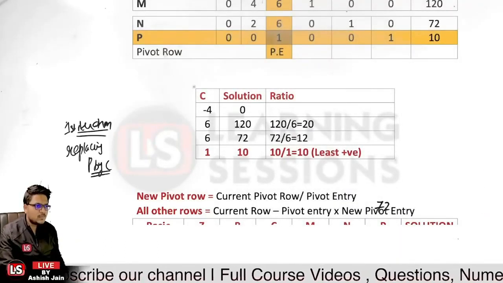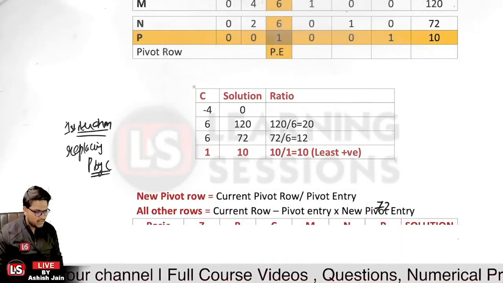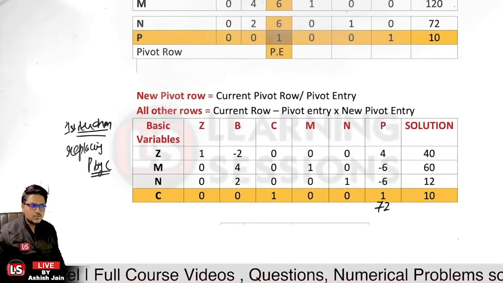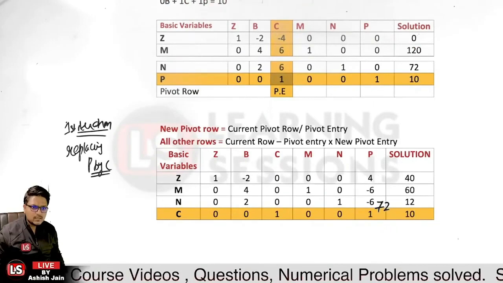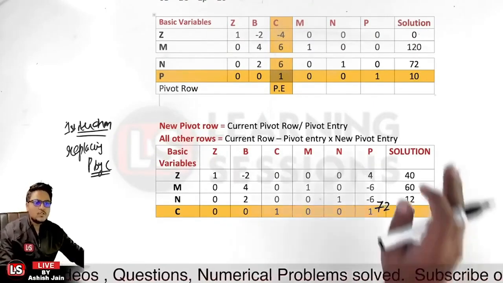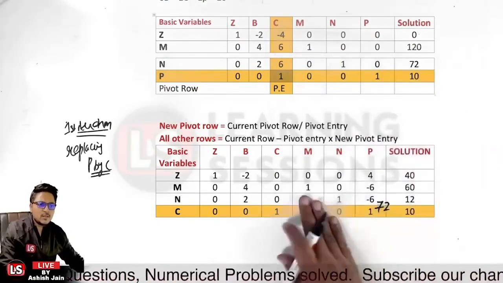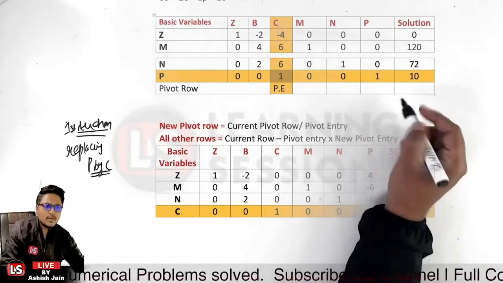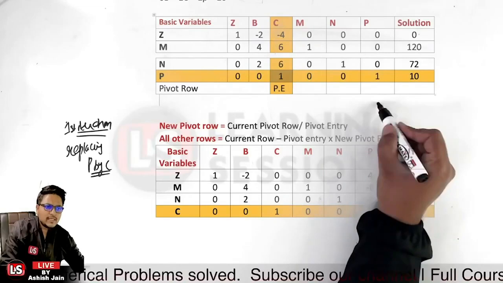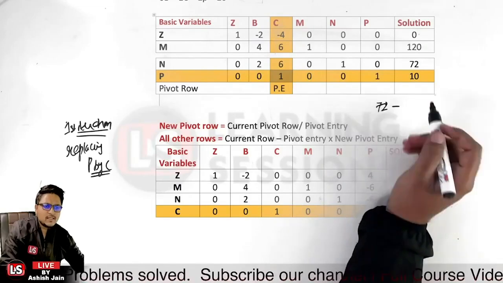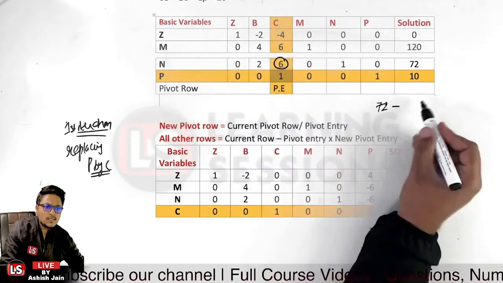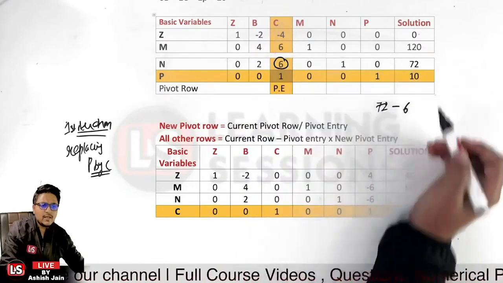Just let me remove this table from over here so that I can make you understand well. Okay, now pay attention to both of these tables. I'm zooming it out. Over here, we are concerned about calculating the value for this particular column. So 72, minus we will be subtracting the pivot row entry, which for 72 is 6, times the new pivot row entry, that is 10.